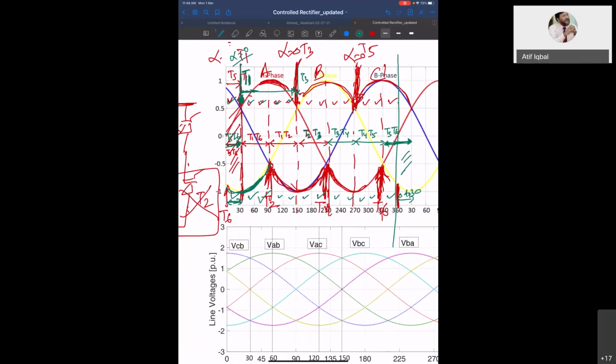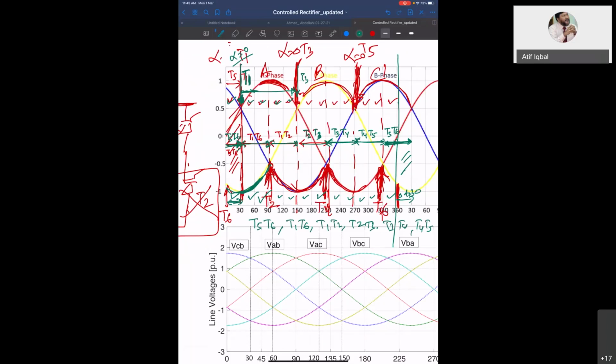So now you see, I have completed the whole cycle. From here to here, T1 to T6, then T1, T2, then T2, T3, then T3, T4, T4, T5, T5, T6, then T5, T6. So you can write like this: T5, T6, then T6, T1, T1, T2, T2, T3, T3, T4, T4, T5.